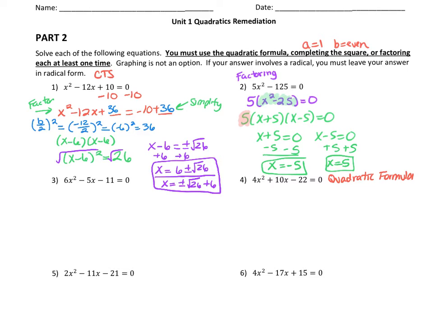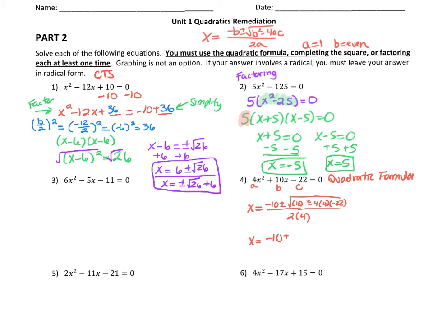And so our quadratic formula is x equals opposite of b plus or minus the square root of b squared minus 4ac all over 2a. So in this case, my a is 4, my b is 10, and my c is negative 22. So I'm going to do negative 10 plus or minus the square root of 10 squared minus 4 times negative 22 all over 2 times 4.